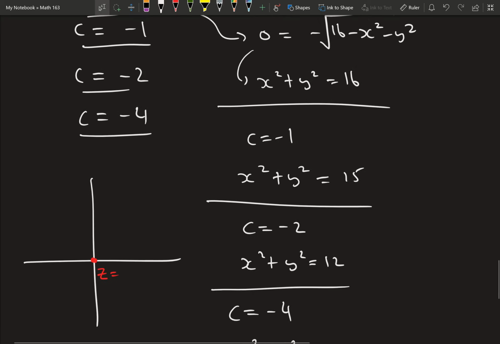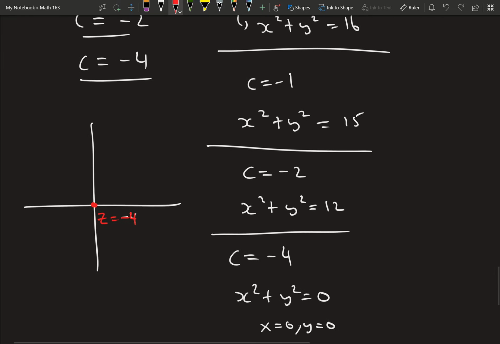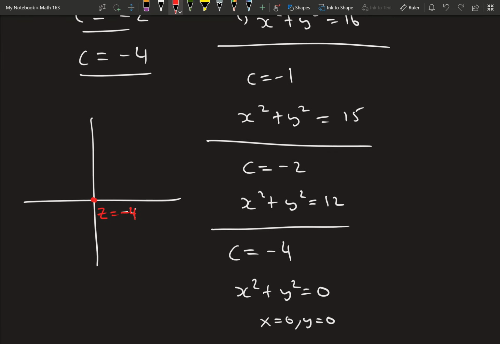So we can correspond this to z equaling -4. And then if you go to -2, you have a circle of radius square root of 12, which is a little bigger than 3. I'm just going to approximate these. So you have a circle here.